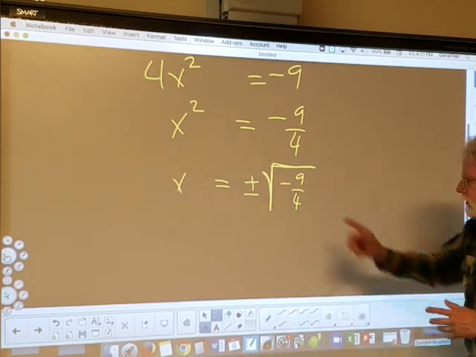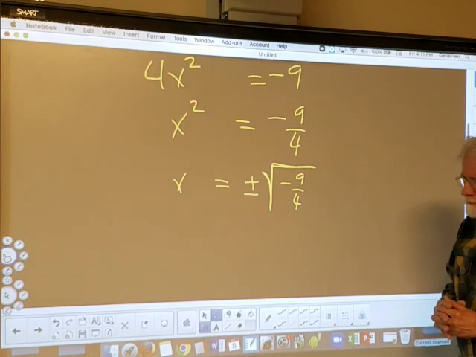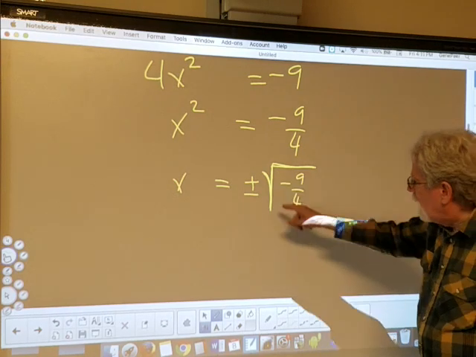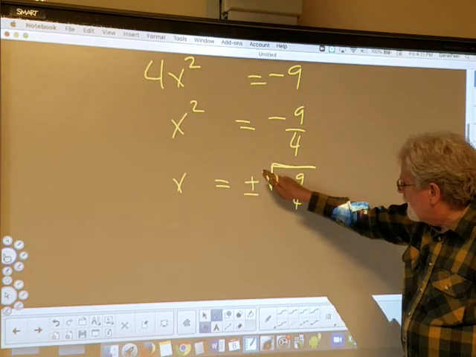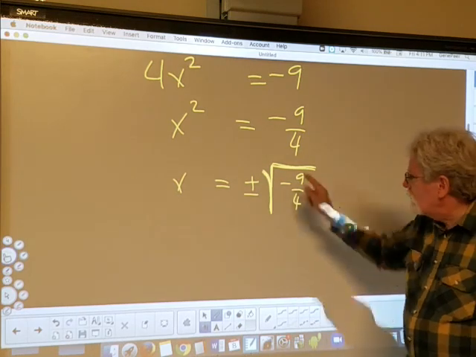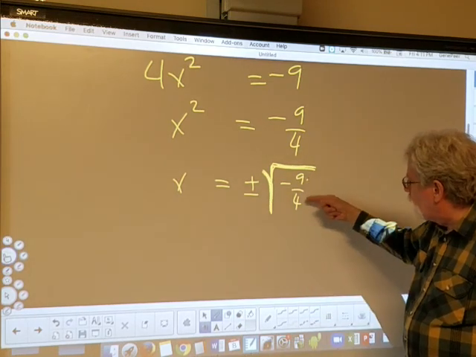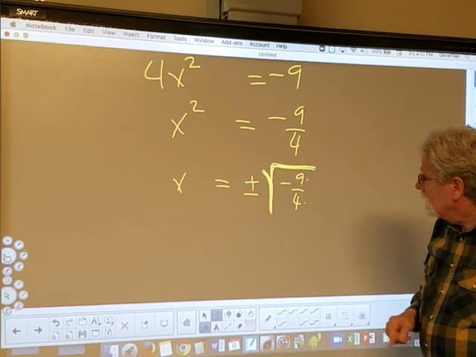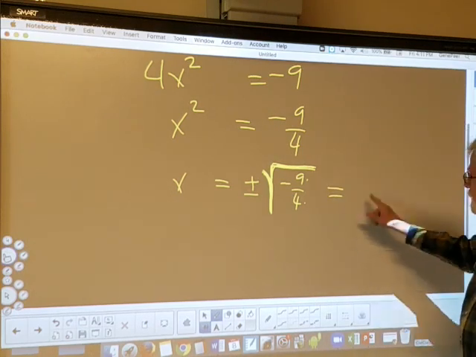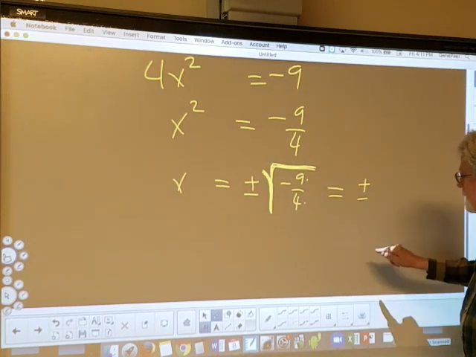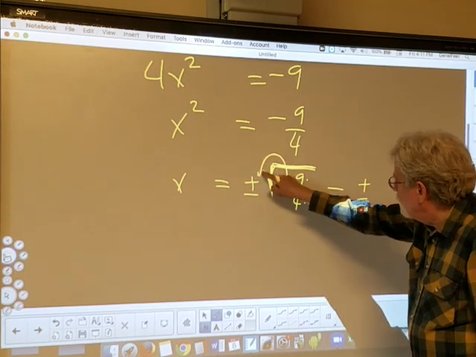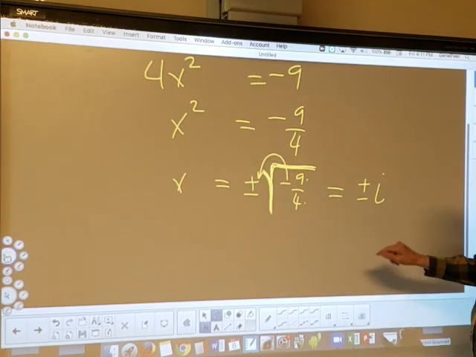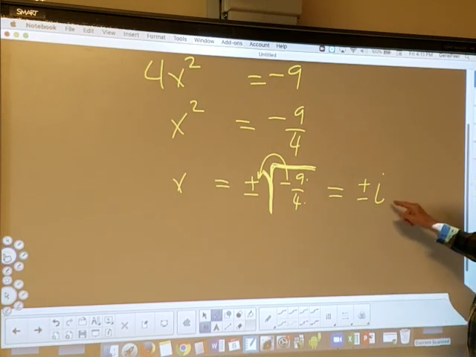So what do we do? We pop its i out. We pop out its i, but also we take note, hey, I know the square root of 9/4. Isn't the square root of 9/4 just 3/2? So what do we get? We have plus or minus, we popped the i out, and we have 3/2.